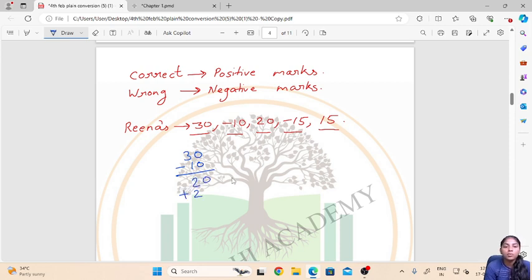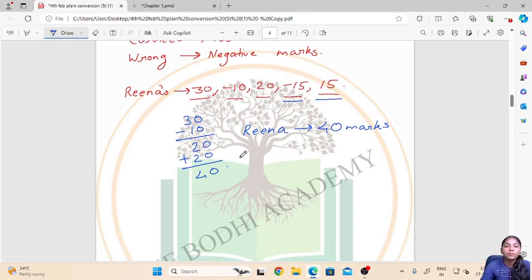So then we have to add it. It will be 40 again. Then here we have -15 and +15. Both these will get cancelled out. So Rina has scored 40 marks in her exam in all the 5 rounds.